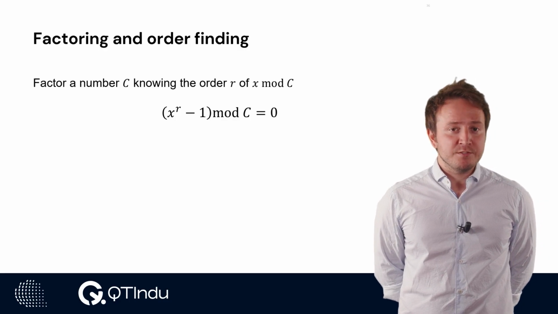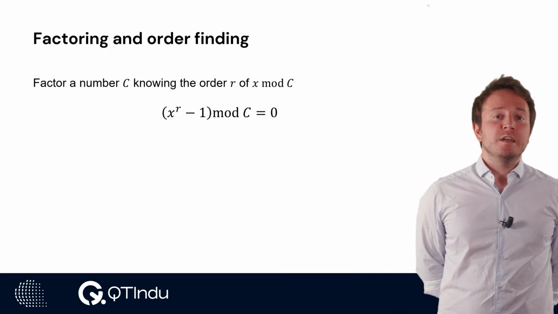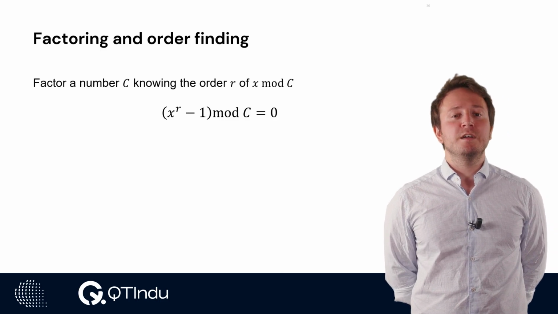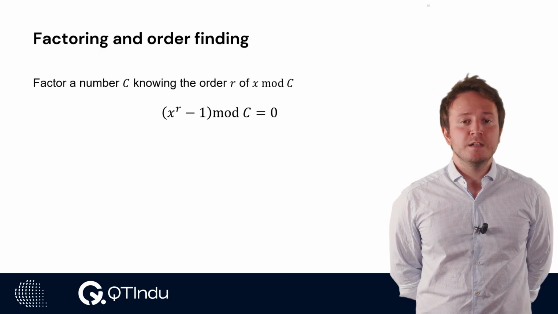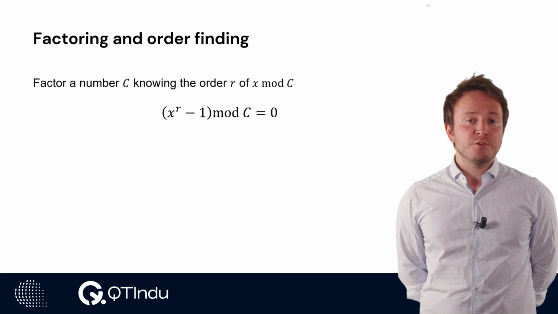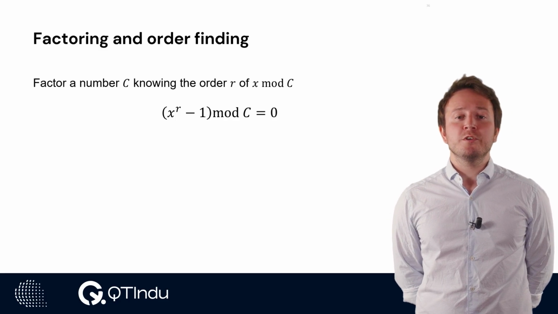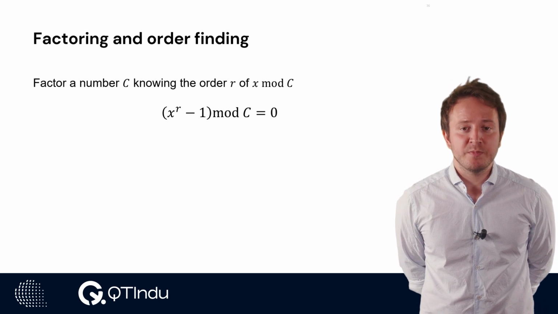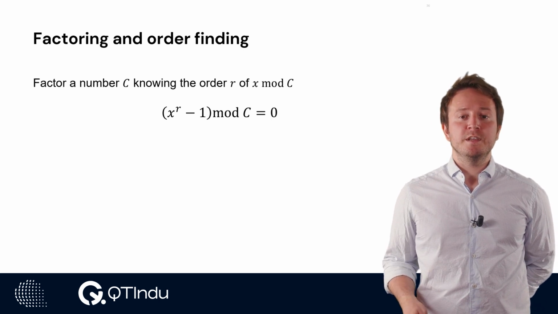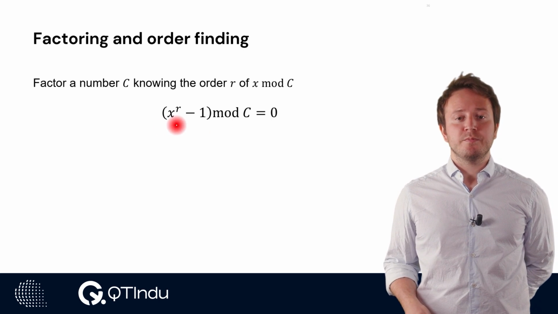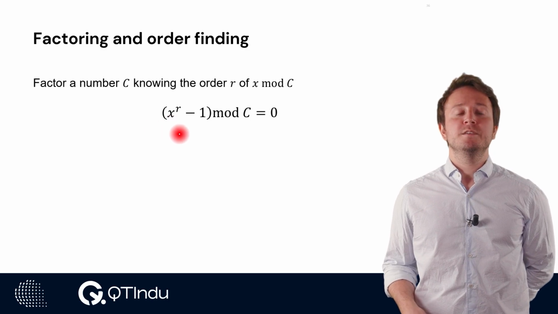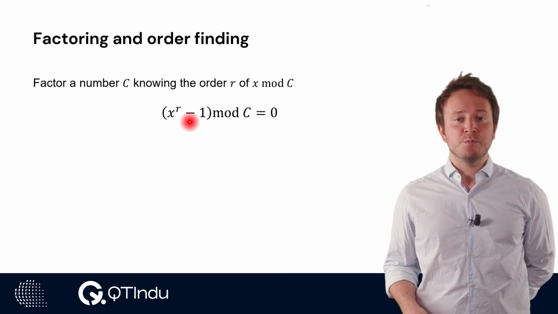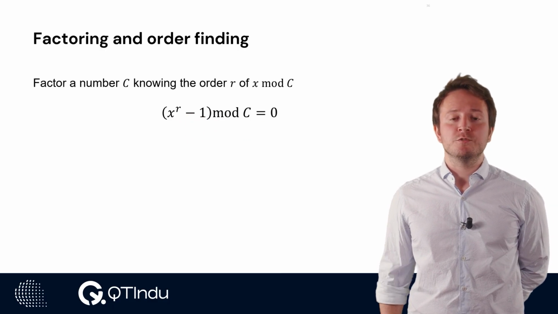Now, why is this relevant for the factoring problem? Indeed, it turns out that factoring and order finding are very much related to each other. Let's see how. If you want to factor a number c, knowing the order r of x modulo c, the problem actually simplifies quite a lot. So if we know the order r, then we can rewrite the definition of the order in the following way: x to the power r minus 1 modulo c is equal to 0.